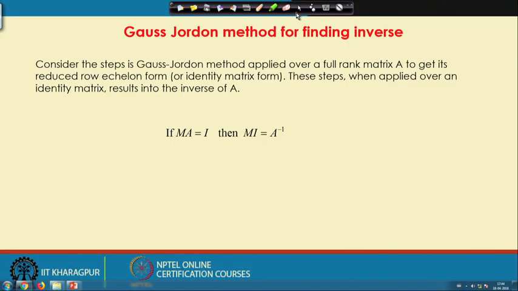We will see it through the same example. Earlier we solved Ax = b using Gauss-Jordan steps. We will now take the same matrix A and apply Gauss-Jordan steps over it, and the same steps we will apply over an identity matrix, and we will see that the inverse comes out.